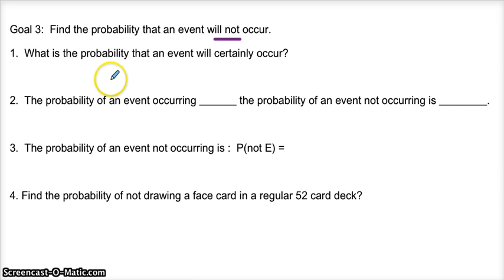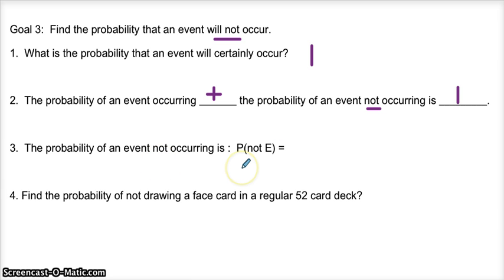All right, so first of all, let's review. What is the probability that an event will certainly occur? We know that probability is 1. If an event is certain to occur, its probability is 1. The probability of an event occurring plus the probability of an event not occurring is 1.